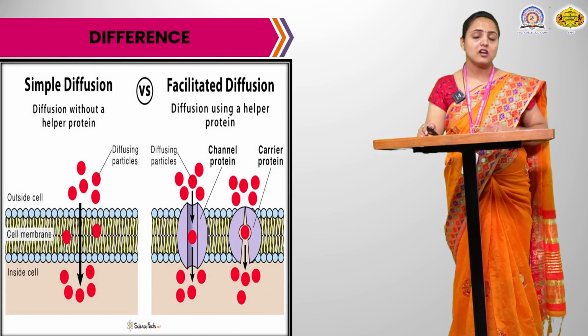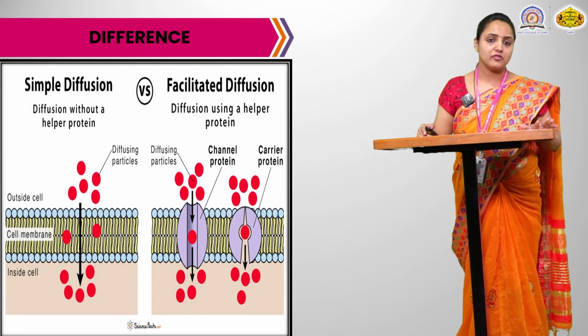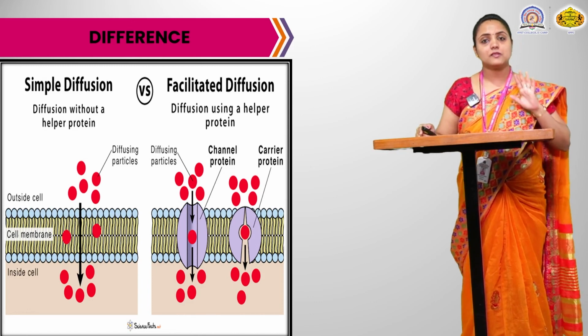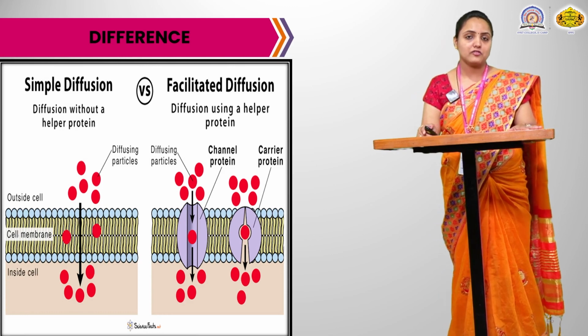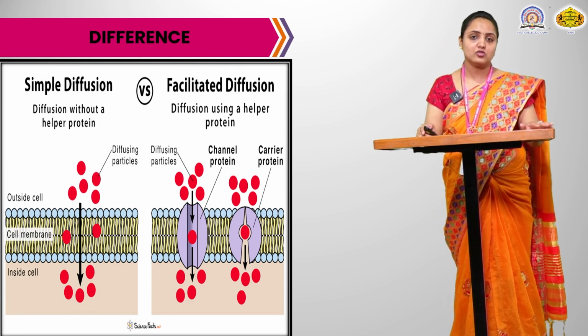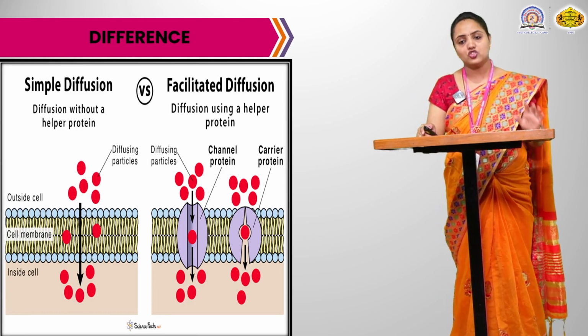Now you can see both types of diffusion mechanism in the diagram, one simple and one facilitated. Simple diffusion occurs without the help of proteins, and facilitated diffusion with the help of carriers or channels.